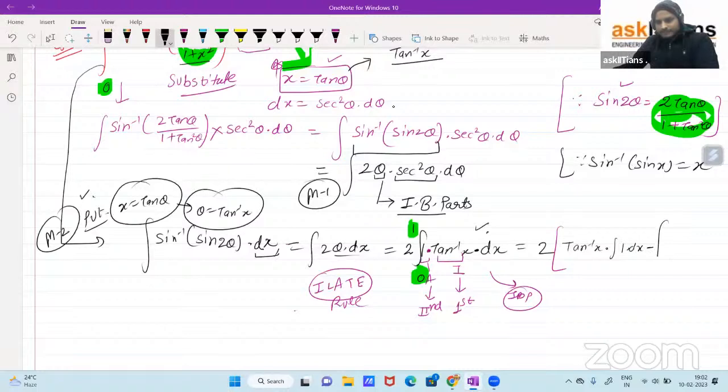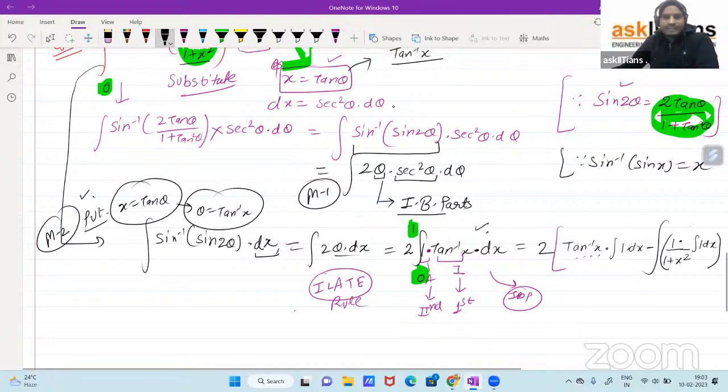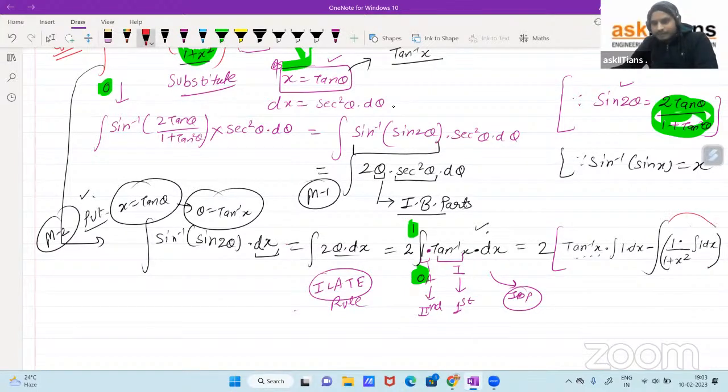minus the bigger integration of the differentiation of the first function. The differentiation of tan inverse x is 1 upon 1 plus x square, into the integration of the second function, that means integration of 1 dx, and there will be a dx for this bigger integration over here also.